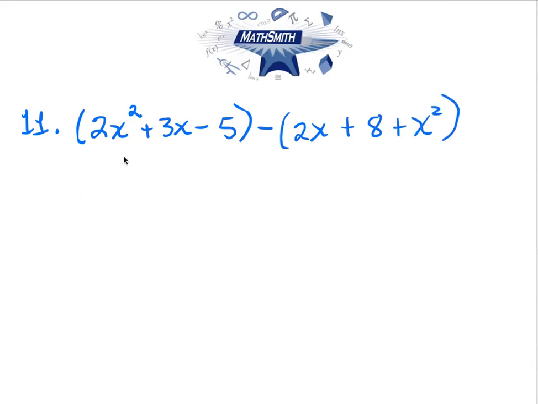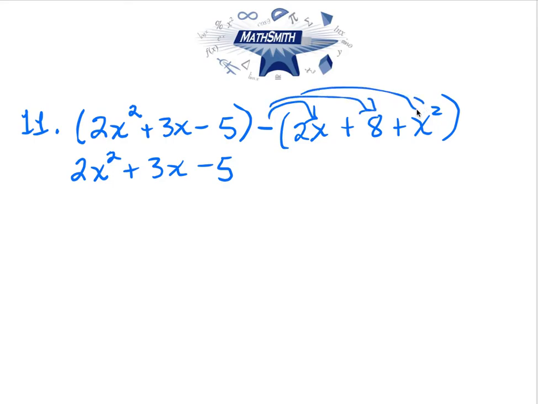Okay. All right. So the way that I like to do it, I just keep things horizontal. I just think it's easier. So I'm going to distribute the negative over these terms. So negative 1 times 2x, well, that's minus 2x. Negative 1 times 8, well, that's minus 8. Negative 1 times x squared, that's minus x squared.